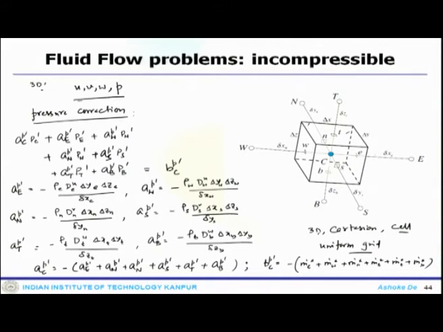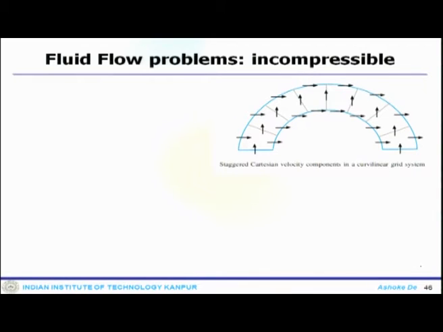But if you go to a non-Cartesian system, for example in this kind of geometry where there is a U kind of bend, this is a curvilinear grid system and the velocity fields are stored in a staggered arrangement, and this will be our cell centered.